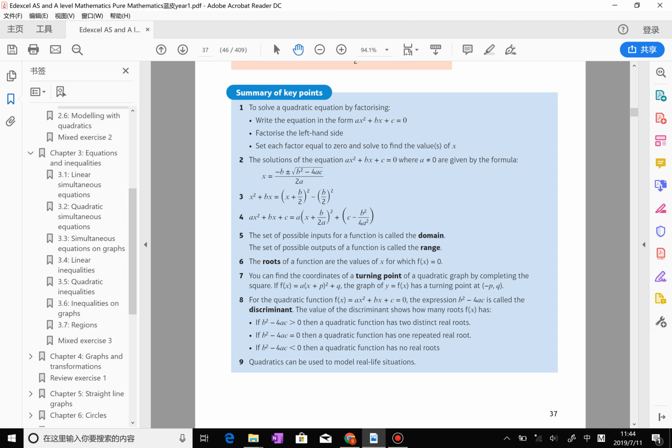When the discriminant equals 0, there is only 1 real root, and it's repeated. When b squared minus 4ac is less than 0, the quadratic function has no real roots, but it has complex roots, which we're going to learn in the future. For the ninth point, the last one, quadratics can be used to model real-life situations. That is, we can use quadratic equations to solve real, practical problems.